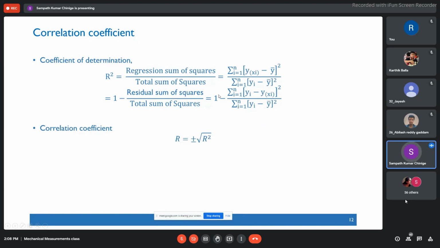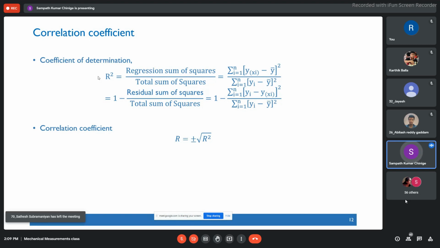Again here it's minus y bar square, it will be the same, and divided by the same thing. So the same expression I am writing in another form, 1 minus the summation of yi minus yxi whole square divided by yi minus y bar whole square. So this will be nothing but your coefficient of determination. The closer this value is to 1, the better.